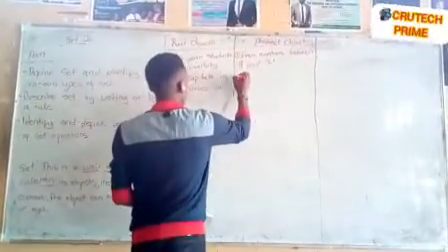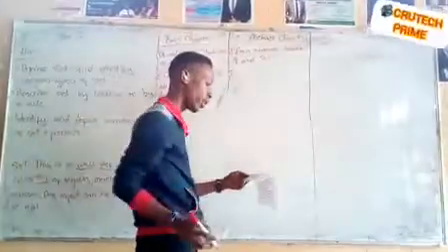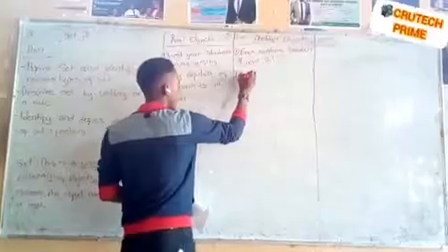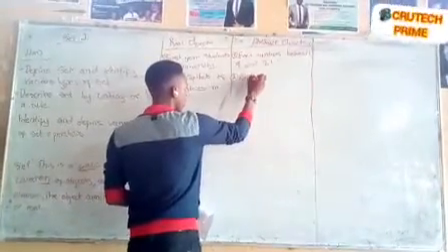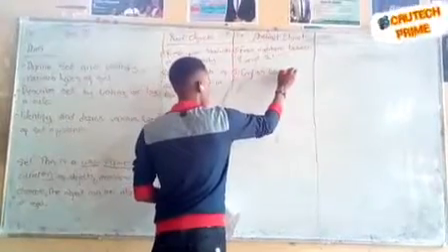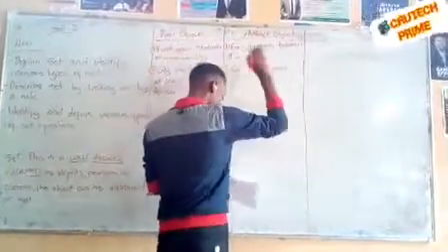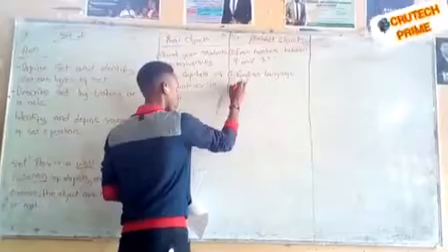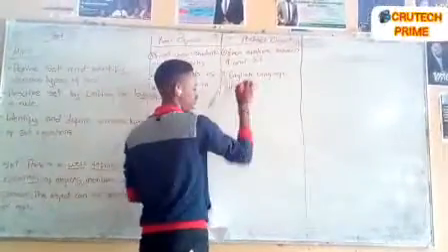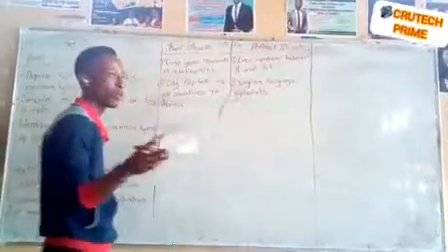Then for the abstract, we have the English language alphabet. Now let's take a close look at the examples so we can know the difference.